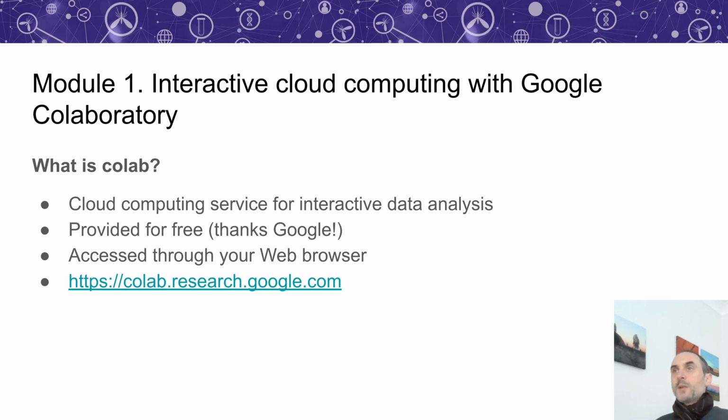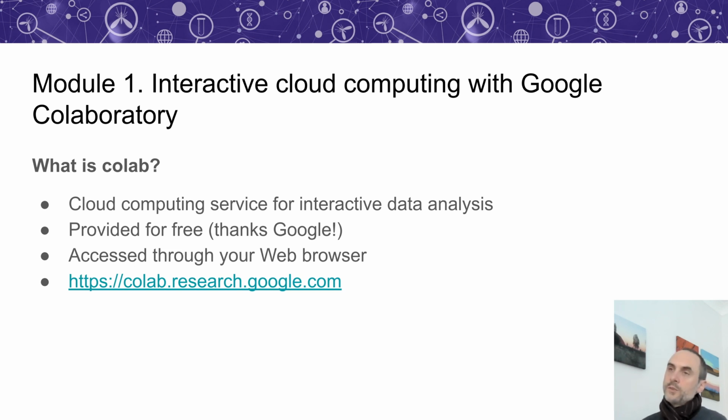And just to explain then what Colab is. Colab is a cloud computing service. So it's a computing service that Google run, and Google provide that service to us for free. And it's a great service for interactive data analysis. So you can use it to access and explore and analyze data, and then generate outputs like plots and tables.